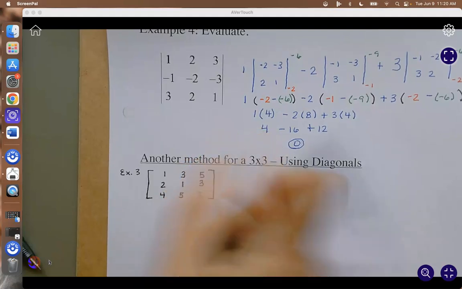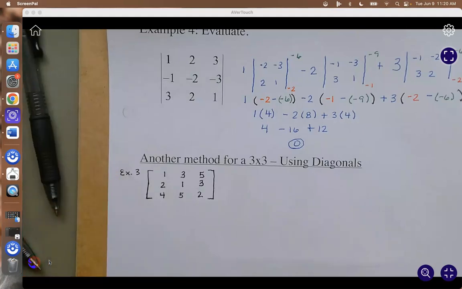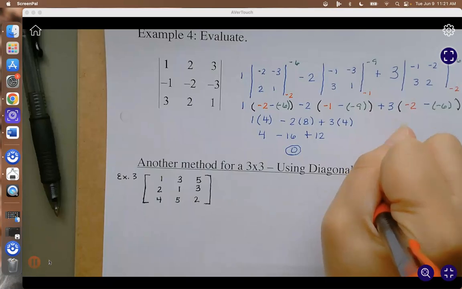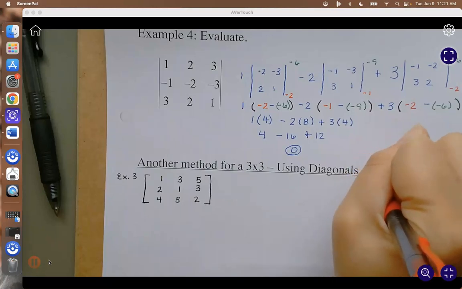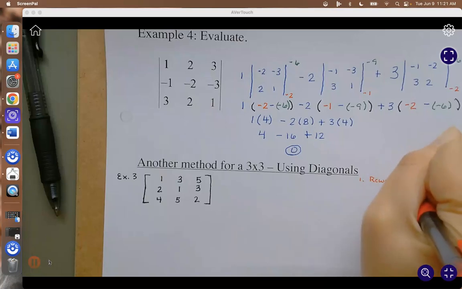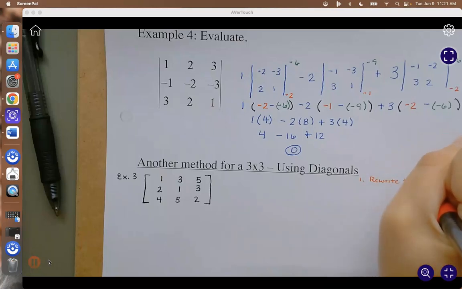Now, the steps for this are as follows. Step 1, rewrite the first 2 columns.